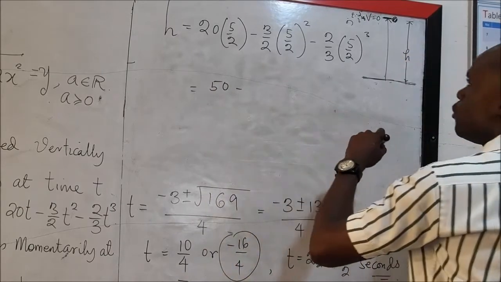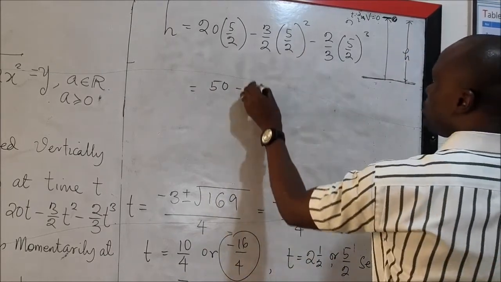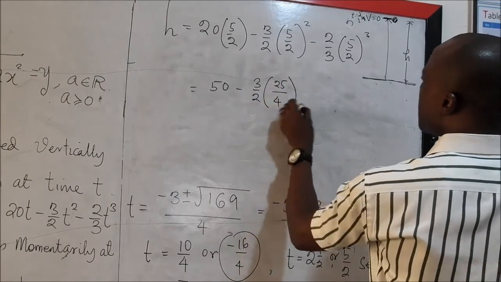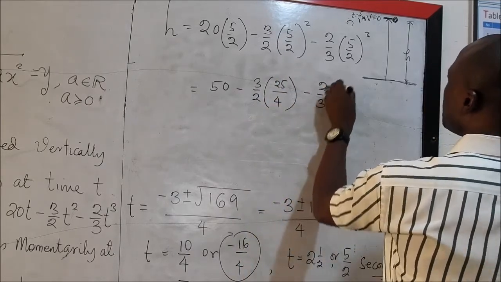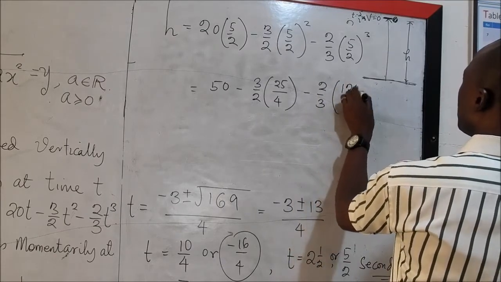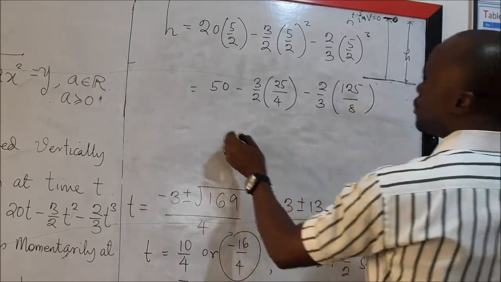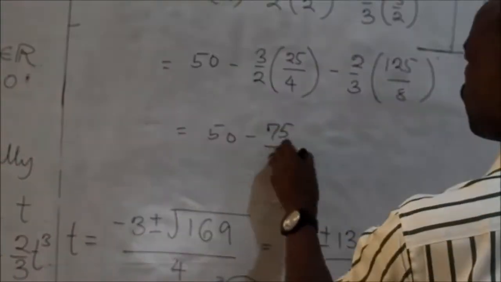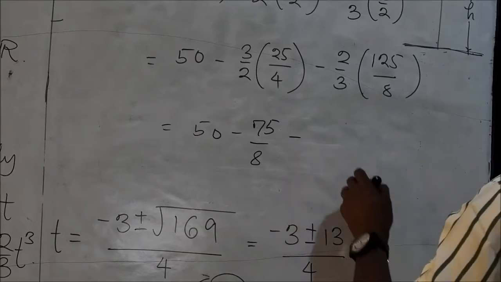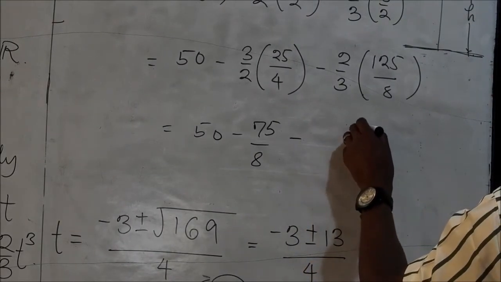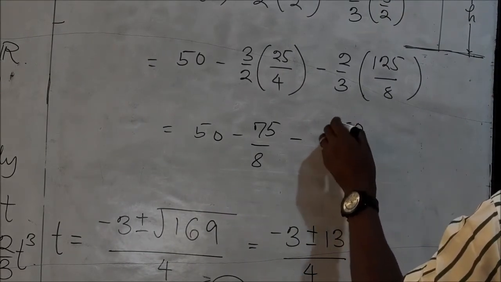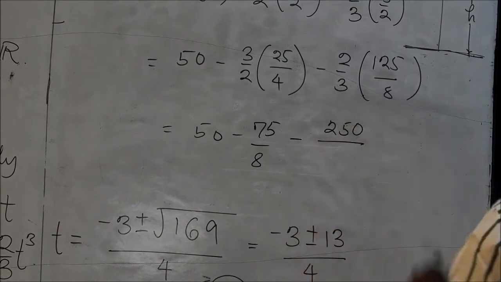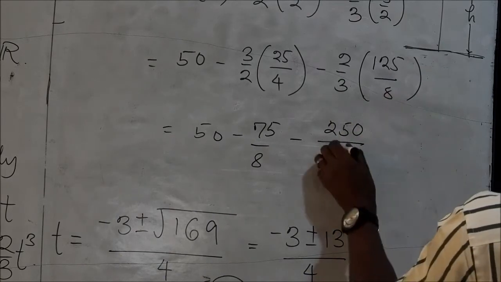This is going to be 3 over 2 times 25 over 4, minus 2 over 3 times 125 over 8. So this is going to give us 50 minus 75 over 8, minus 250 over 24.